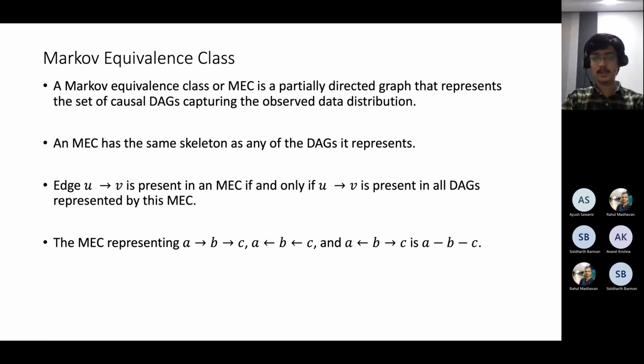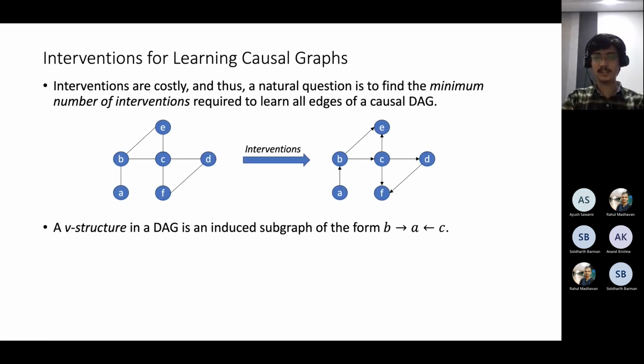But in the unshielded collider or V structure case, we can directly infer the edges from B to A and C to A, because we can infer just using observational data that B and C are dependent given A. So this only happens when there is a V structure, and these edges can be inferred just using observational data.